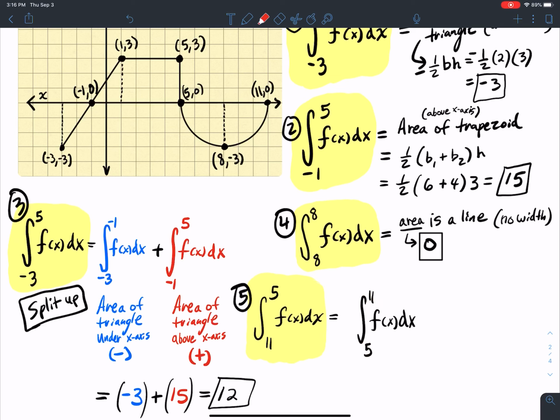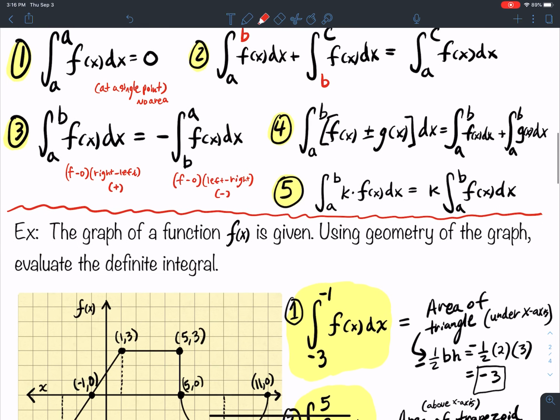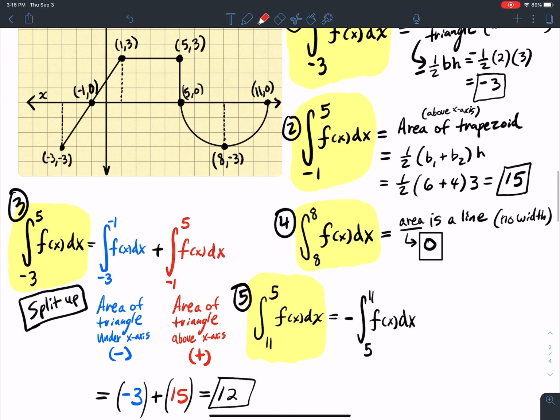But if I do that, I have to pick up that negative. So this is that rule in practice. If your lower bound is bigger than your upper bound, then you need to flip those around, and when you do, you have the negative come out in front when you interchange the limits of integration.